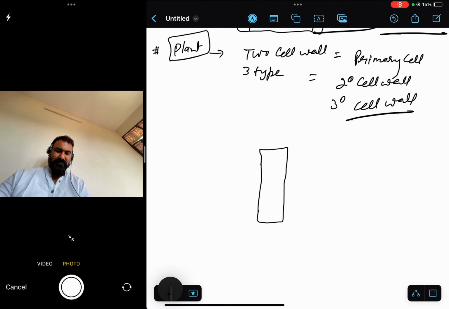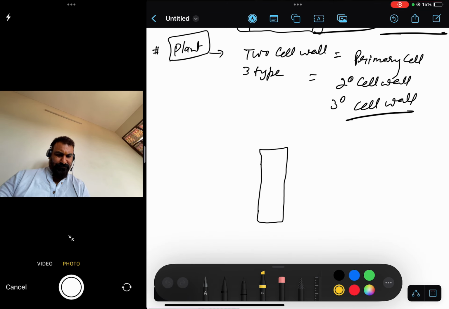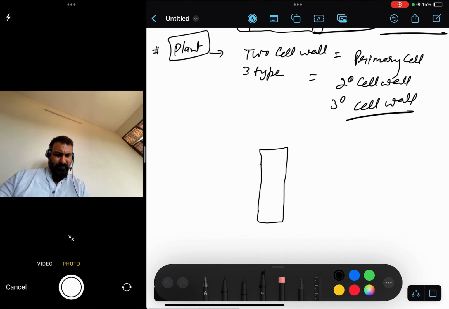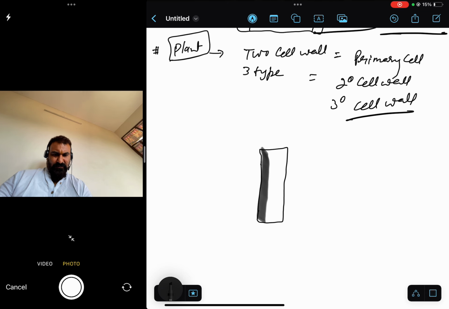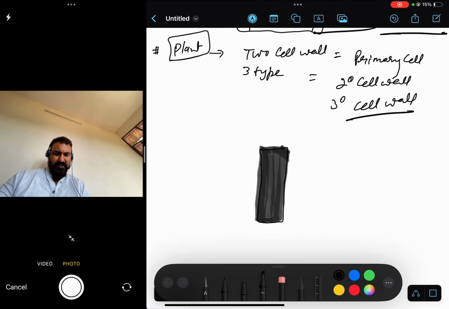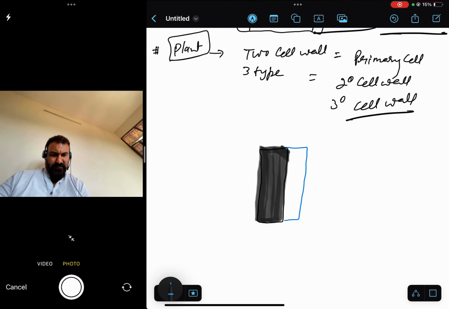This is the structure of the cell wall, and if we do it completely black, for example, this structure is known as the middle lamella, and around this is another layer.